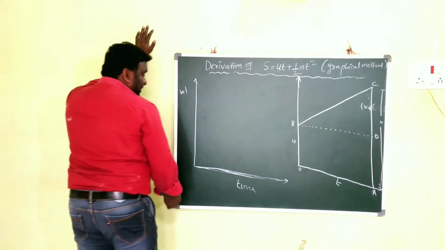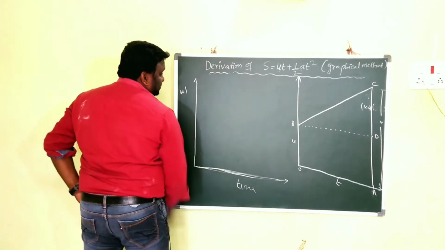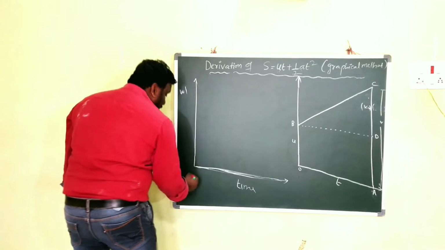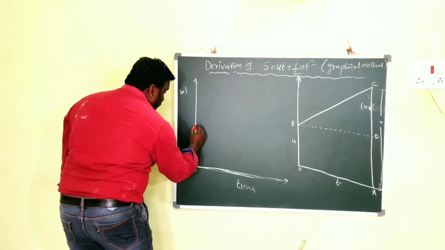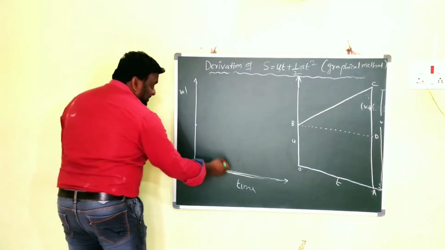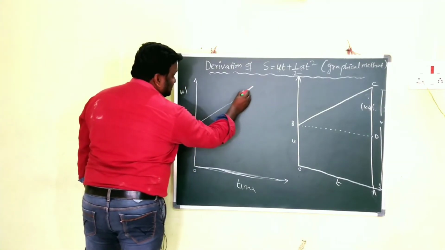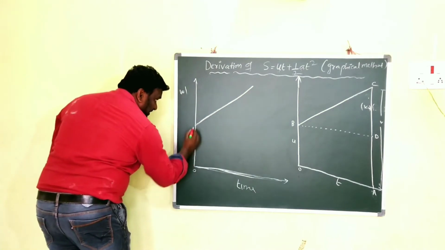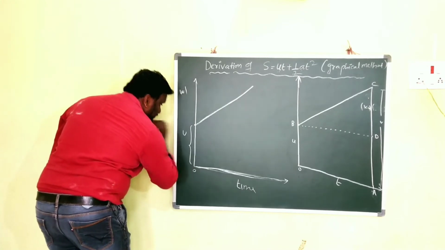So children, let us consider the body is moving with uniform acceleration. At time 0, there is already some velocity for the body. When time increases, its velocity also increases. Clear children? So at time 0 there is some velocity, which I am taking as u.